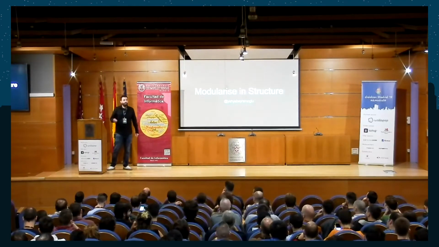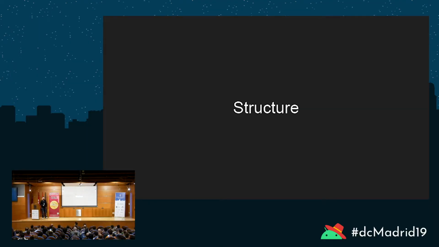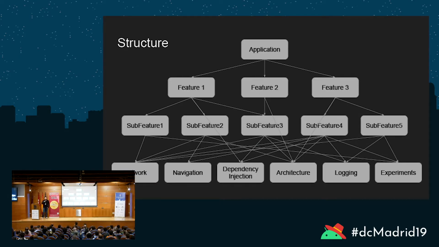All right, moving on with structure. First of all, when I say modularization, who thinks of something like this? You have an application, you have features, and features have sub-features, sub-features have some common shared code, and so on and so on.